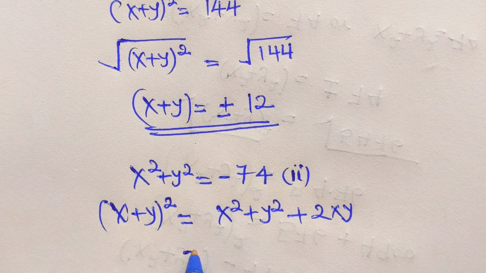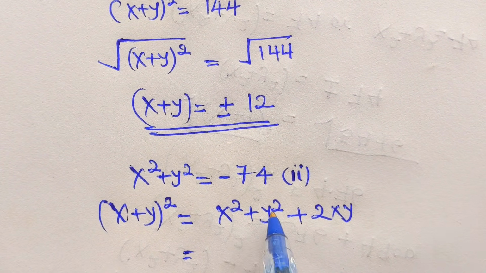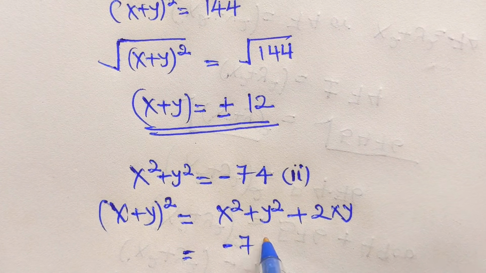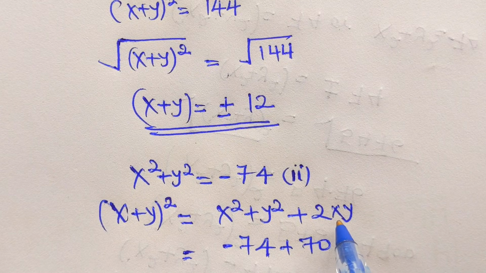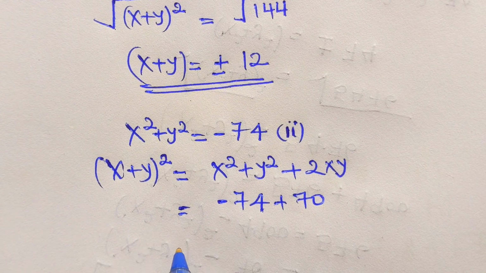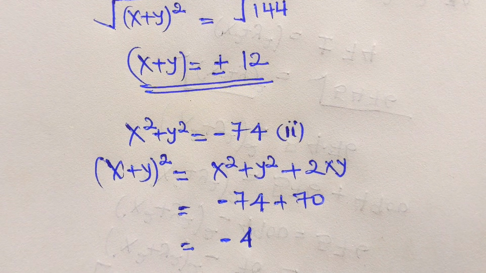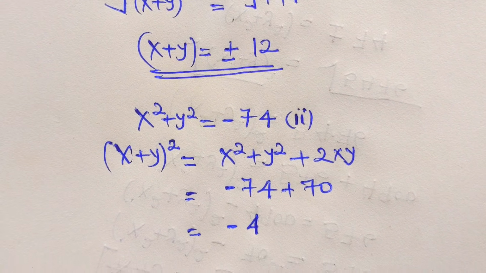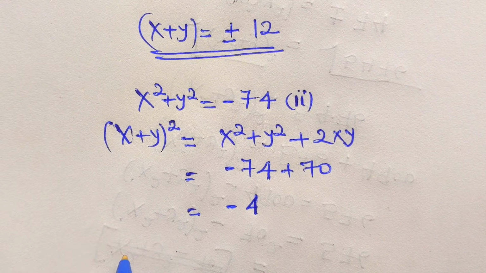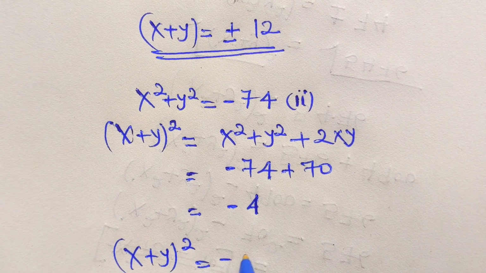Here, x squared plus y squared is negative 74 plus 70, because we have 2 times 35, and this is equal to negative 4. Then x plus y squared is equal to negative 4.